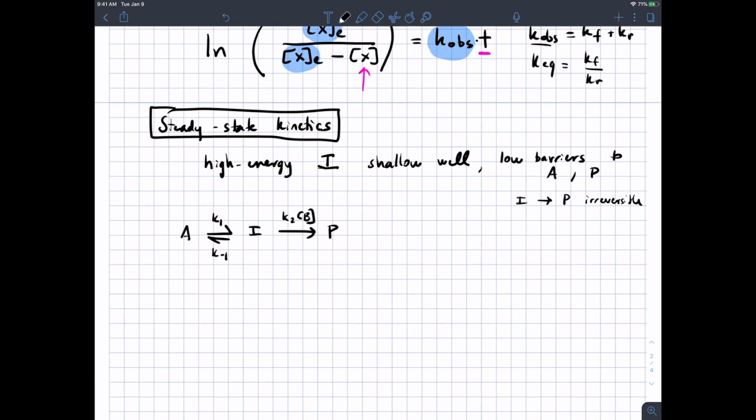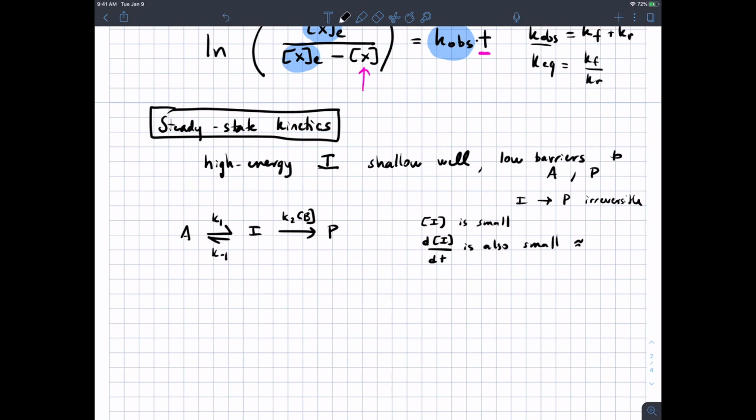One of the things we're going to assume is that because I is so high in energy, the concentration of I at any given time is small. And if the concentration of I is small, it's an intermediate, it's high energy, it shouldn't be very large, then necessarily any rate of change in I is also small.